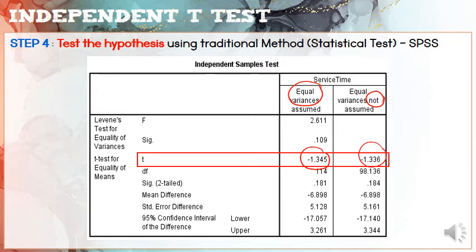If your Levene test tadi kata assume equal variance, your t will be negative 1.345. But if your Levene test just now kata equal variance not assumed, then your t will be negative 1.339. So which value you should pick depends on the result obtained in your Levene test.